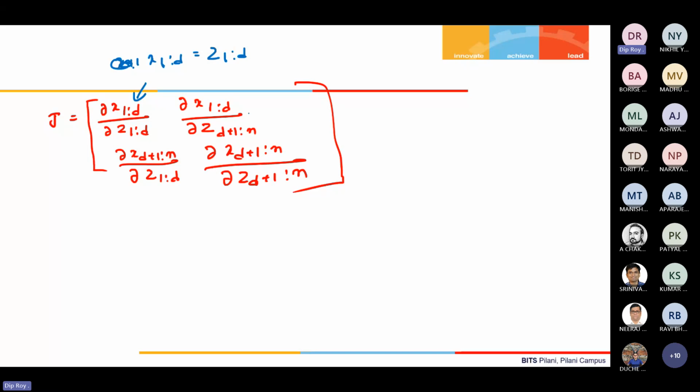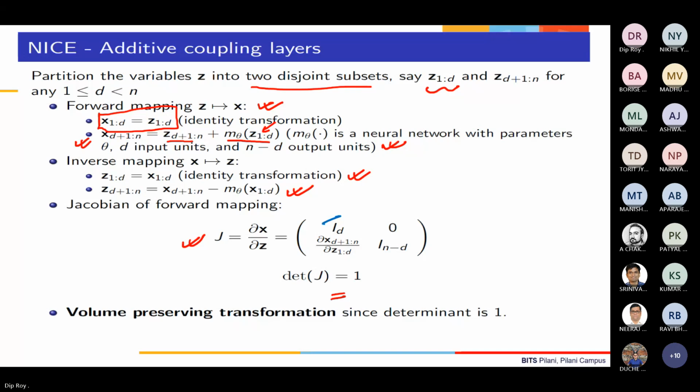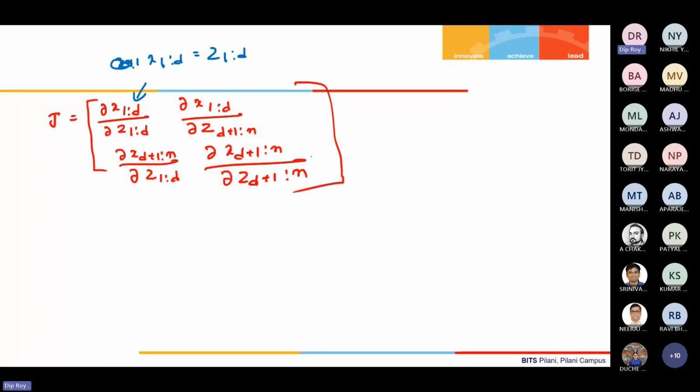It says how the first output changes when you make a small change in the second input. Now you know from this that the first output does not even depend on the second input. So x1 to d does not depend on z d+1 to n, and that is the reason why this becomes 0. And you can see here this is 0.